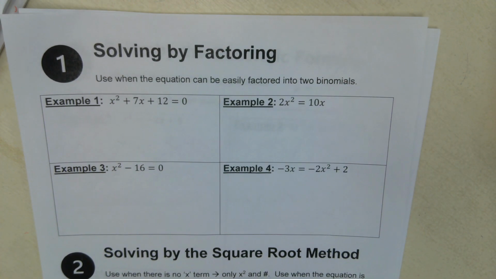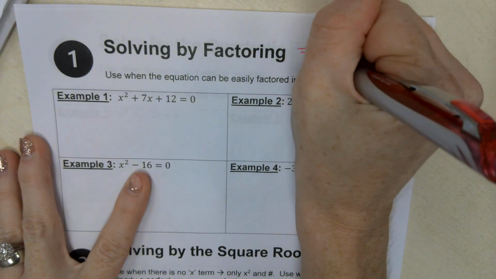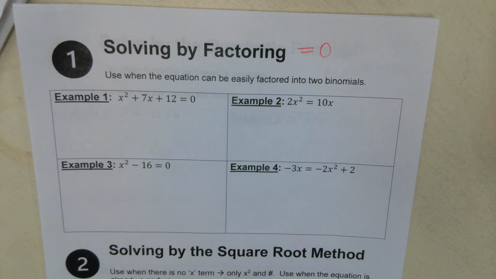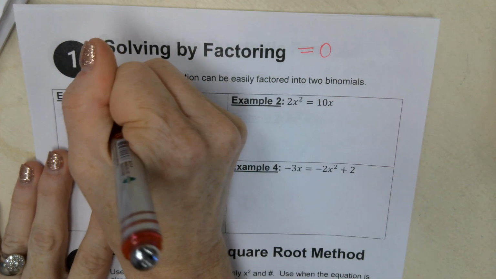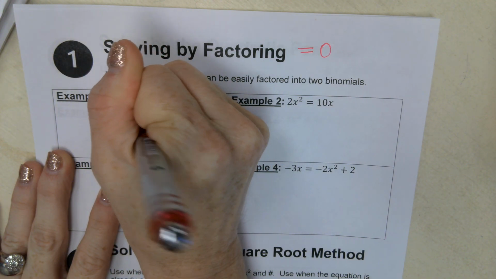So solving by factoring. We need to make sure that one side of my equation is set equal to 0, and I'm going to factor the best that I can. What two numbers multiply to give me 12 but add to give me 7? 3 and 4.